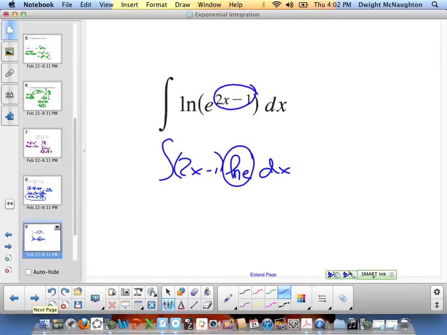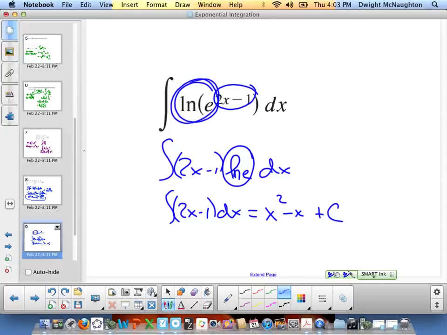So really we're saying 2x minus 1 times 1, which is really 2x minus 1 with respect to x, and that's x squared, power up, divide by the new power, x squared minus x plus a constant. That is a common trick they like to pull. Can you handle that? The answer is yes: pull that out, and natural log of e disappears.